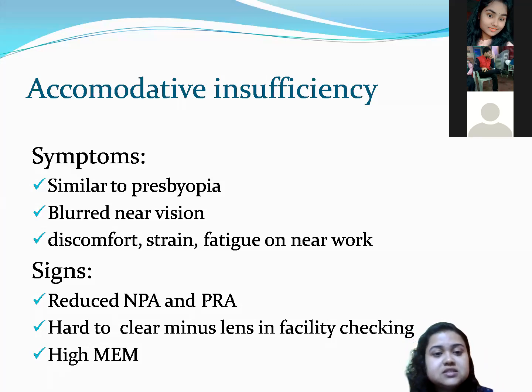Maybe he has stimulated the accommodation, but he cannot relax it. So in accommodative insufficiency, the patient can find it very hard to clear the minus lens. That will be the symptoms and the signs for accommodative insufficiency.